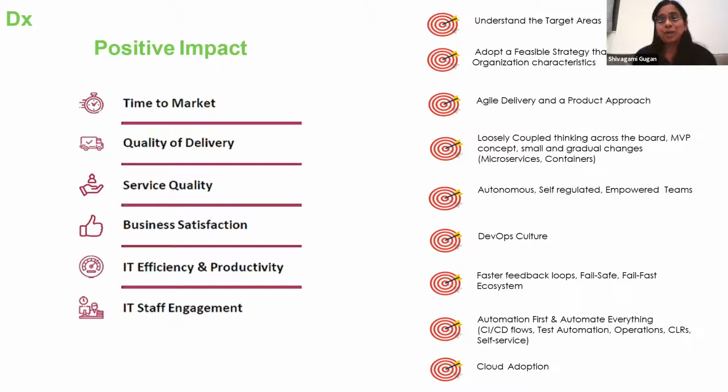So we'll have to implement them in spirit. Show and tell is for the business. This is not a transformation for IT. So get the business to attend your show and tell, and then slowly, when they start believing in what you're doing, you will see a big change in the way the business collaborates with IT.